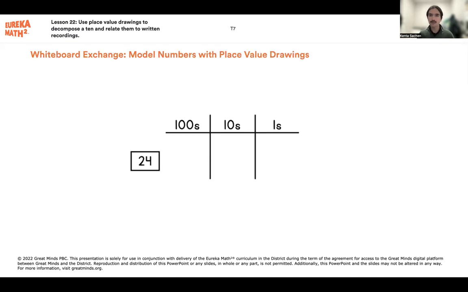Great. Now, another thing we're going to be doing is using place value charts. We were subtracting before break. If you remember, we were subtracting by taking out part of our number to make the subtraction easier.